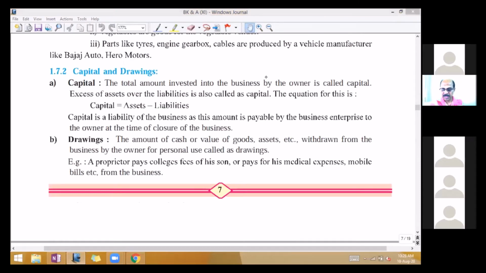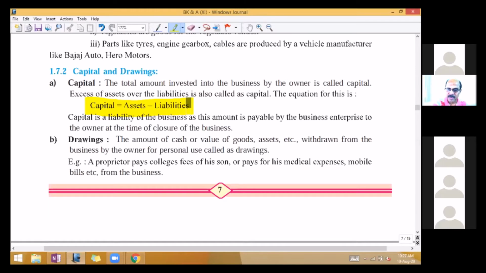So now, students, when you see one of your friends, one of your relatives, or some big personality who is popular, and you look at him and he has a Mercedes car, he has a BMW, he stays in a big bungalow. Suppose his name is Vijay Mallya. Now students, he has a lot of wealth here and there. But he has to pay the bank a lot of money. So his capital is not what you see.